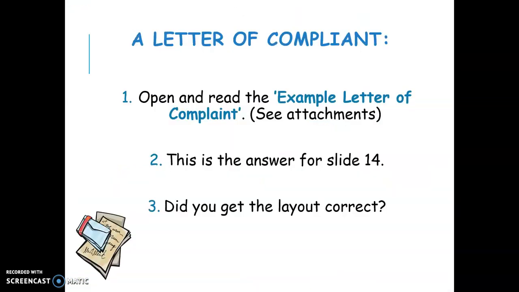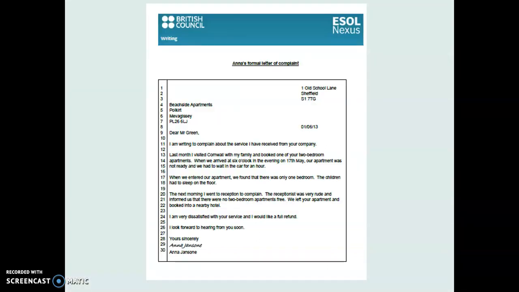Now, open and read the example letter of complaint. See the attachments with the email. This is the answer for slide 14. So, did you get the layout correct? And here it is. So you have the two addresses, the greeting, the introduction, the body, and signing off.